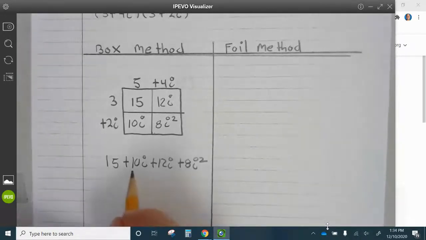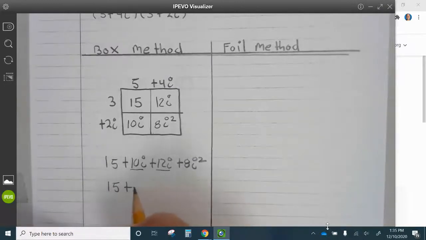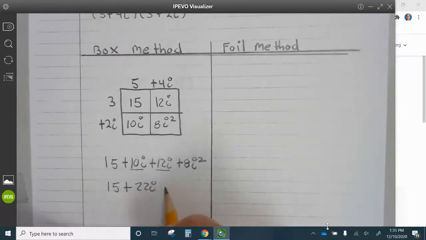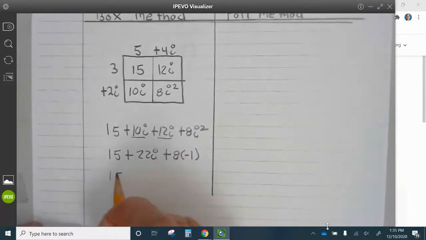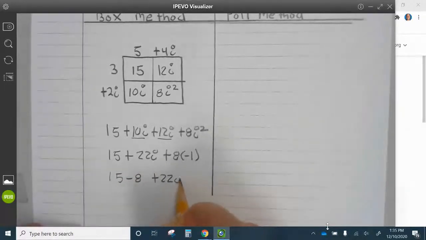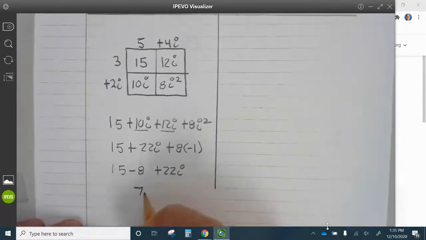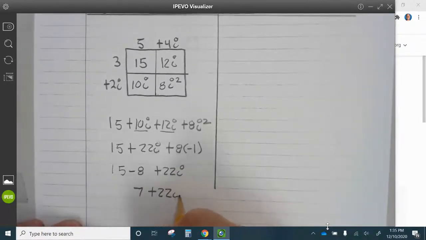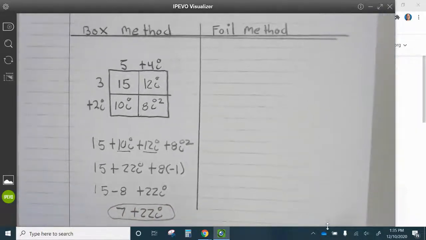So now we can combine the 10i and the 12i, so that's 15 plus 22i, plus we know from our notes that I squared is negative 1. So now we have 15 minus 8 plus 22i. Well, 15 minus 8 is 7, so 7 plus 22i. Okay, now that's the box method.